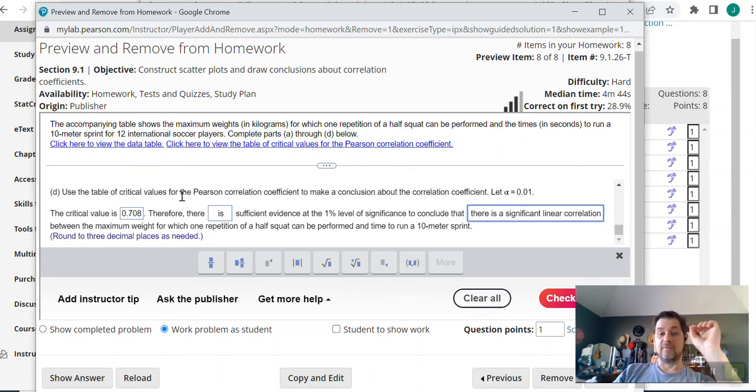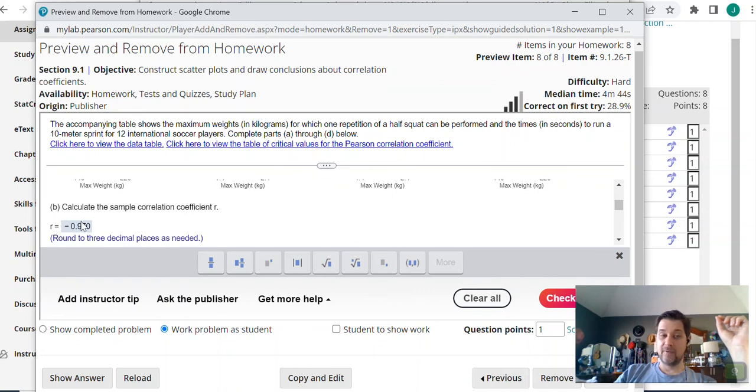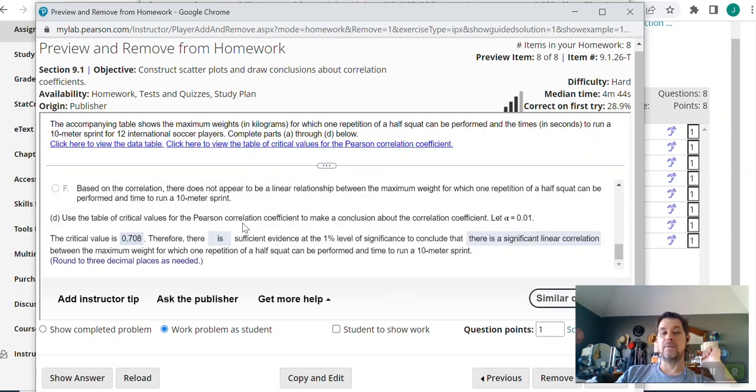All right, now the flip side: if the correlation coefficient, ignoring its sign, was not bigger than the value from the table, then there wouldn't be sufficient evidence, okay? So that's how we can understand the Pearson correlation coefficient and the level of significance for our conclusion.